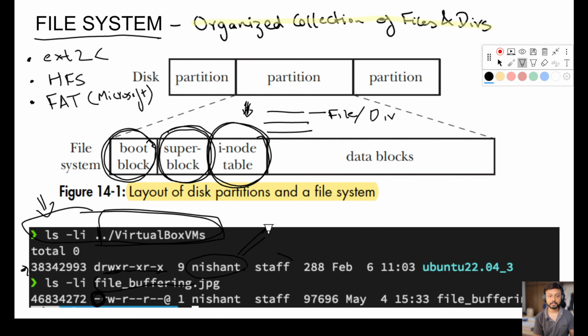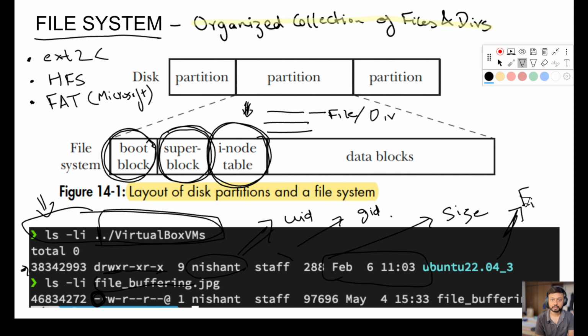It lists the UID and the GID, that is the owner's user ID and the group ID. This is the size of the file, the timestamps, and in this case, since this was a directory, at the end it is listing all the files that this directory had.